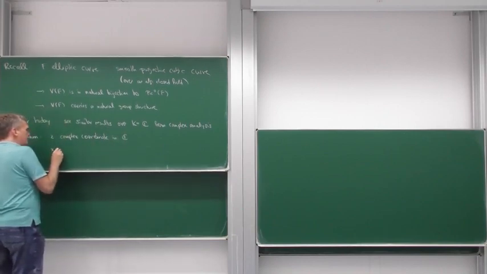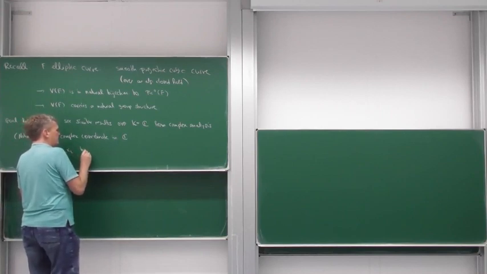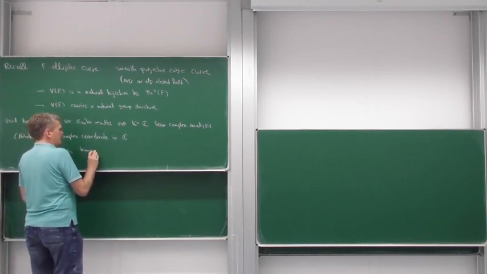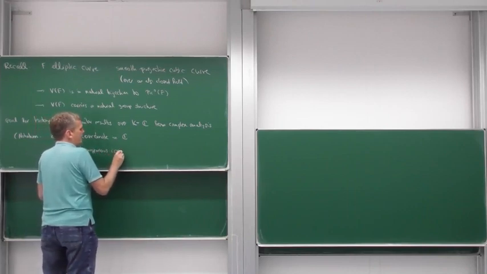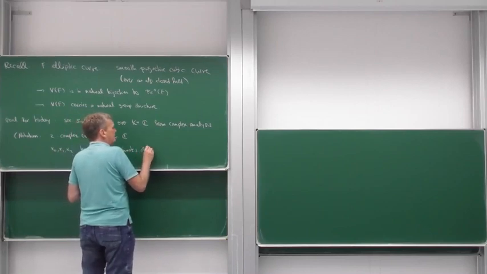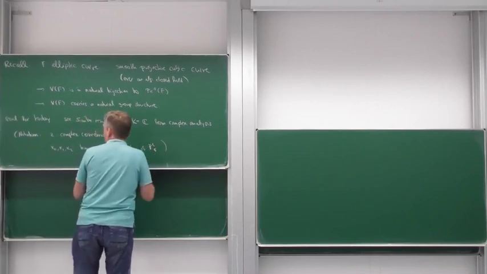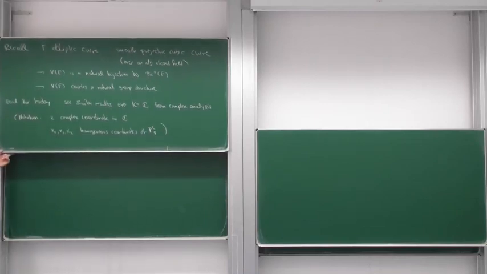And therefore, we'll write x0, x1, x2 for the homogeneous coordinates of P2 over C. That will not be called X, Y, Z here today, because then we would get confused by that.